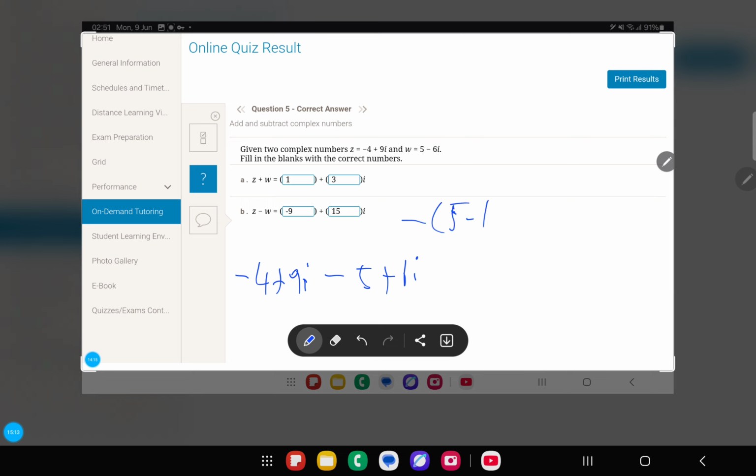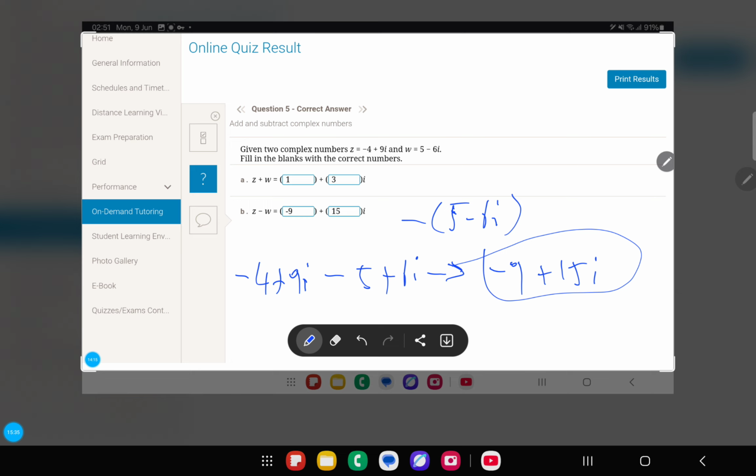So minus 5 minus 6i, just multiply it. It becomes minus 5 and positive 6i. Alright? Now just distribute it. Negative 4, negative 5 becomes negative 9. And 9i plus 6i becomes 15i. Okay? And that's it for the second one.